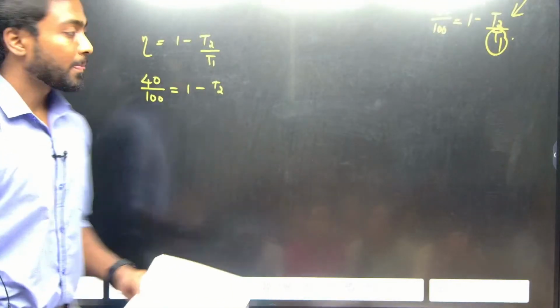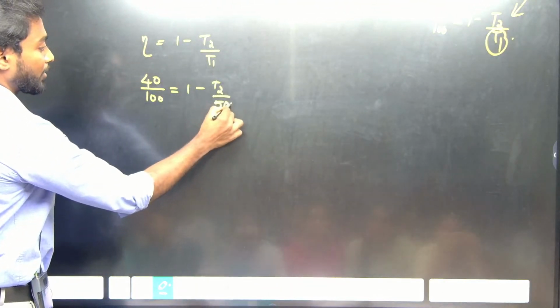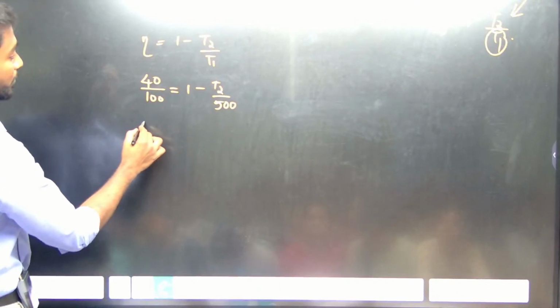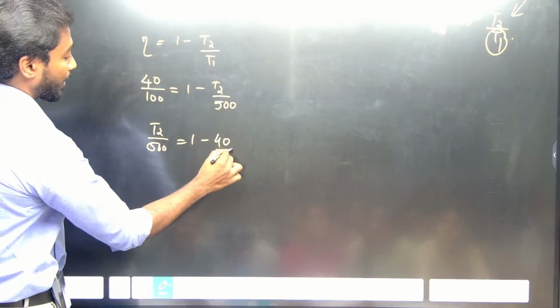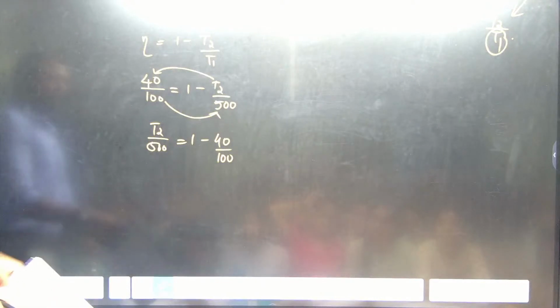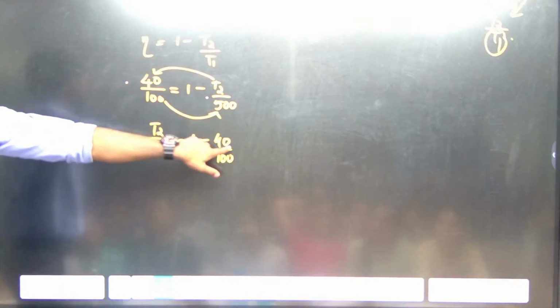So T2 by 500 should be equal to 1 minus 40 by 100. Can I write? Yes, no? I have taken this T2 this side and this 40 by 100 this side, so it becomes plus and this becomes minus.